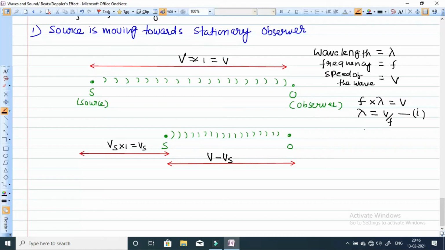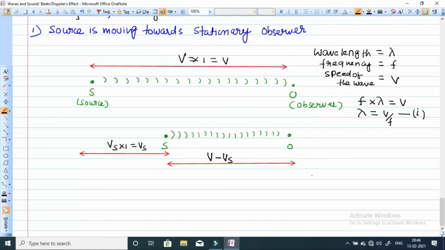This will be your original wavelength when the source and observer both are stationary. But since the source is moving, within this distance V minus Vs the waves will occupy. If S is moving with velocity Vs towards O, then F waves sent out occupy a distance V minus Vs only, because S has moved a distance Vs towards O in 1 second. So the apparent wavelength will change.